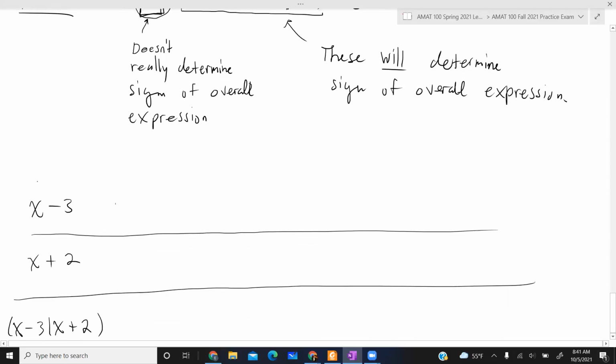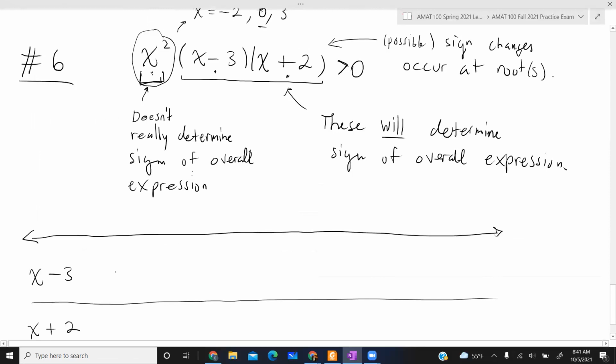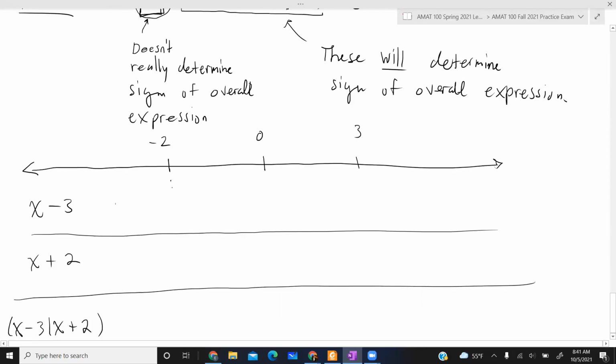I think I'm making the table a little bit different than I normally do. I have a copy of the real line up here, with the roots, which are -2, 0, and then 3. So these are the columns.